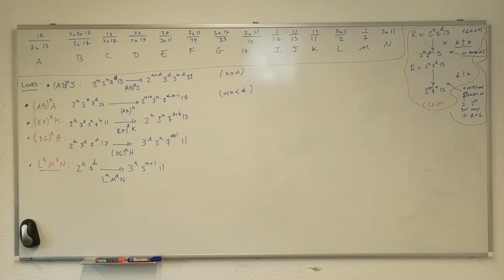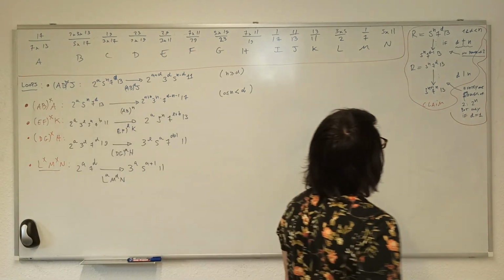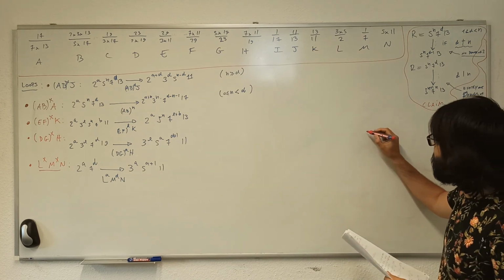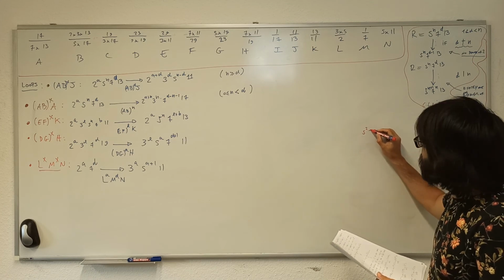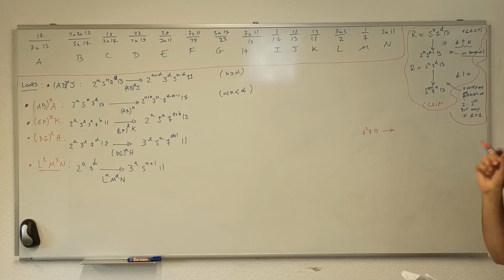So what I want to do now is to prove the claim. So now let me show what the claim implies. So these are the loops. So let me show why the claim implies the result. Okay. So suppose I start with a 5, 2, 7, 13. Okay, suppose that I start with this.